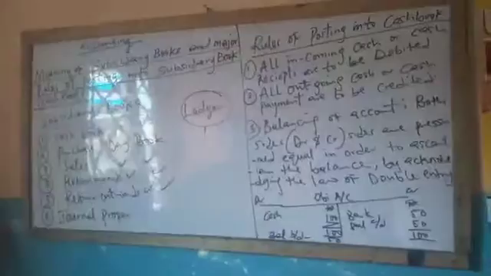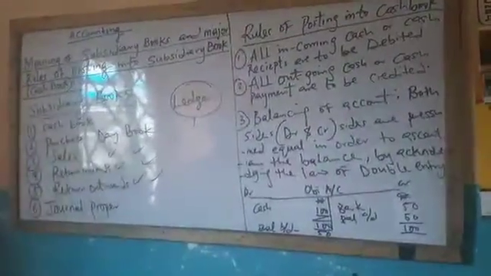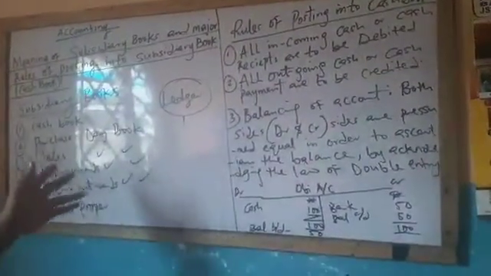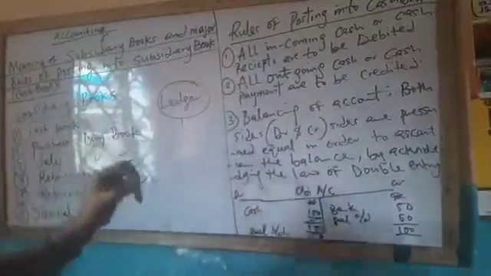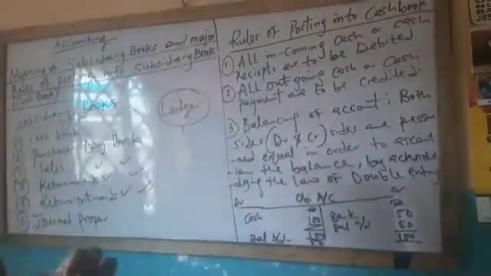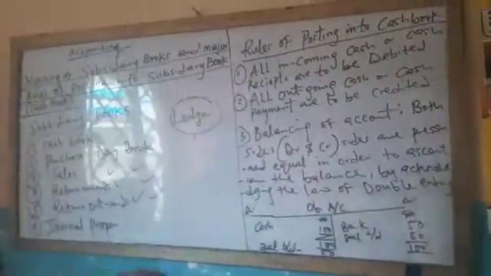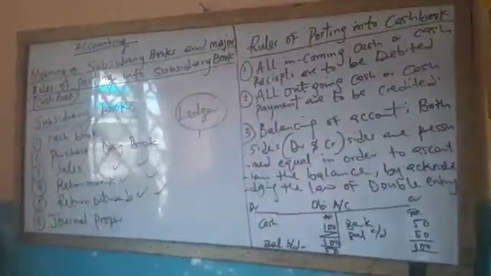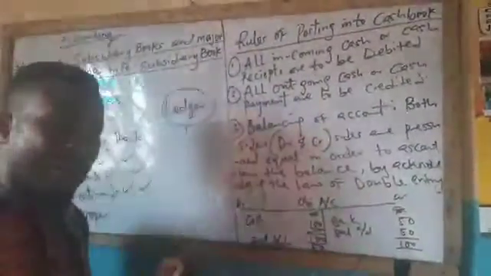The next one we have is purchases day book. Now, purchases day book is a subsidiary book in which all goods that are bought on credit are recorded. All goods that are bought on credit are recorded.